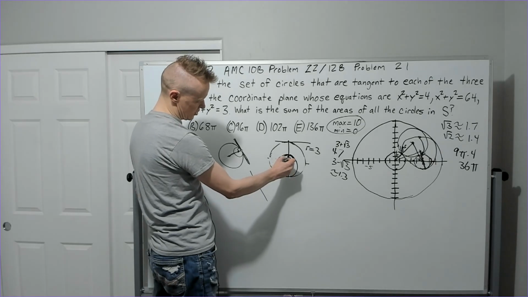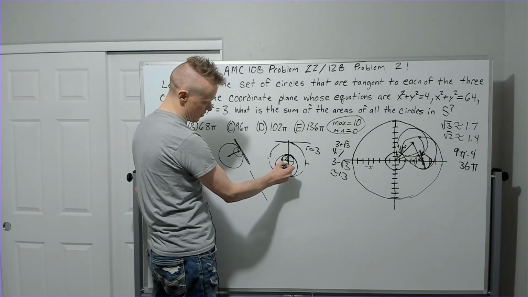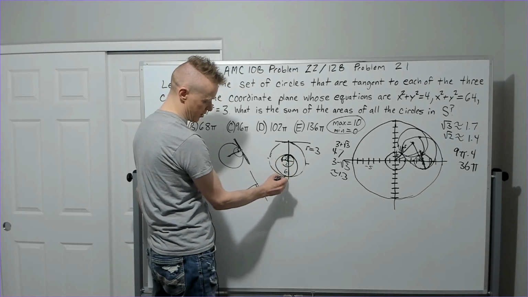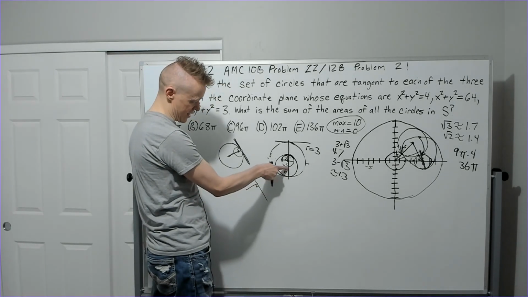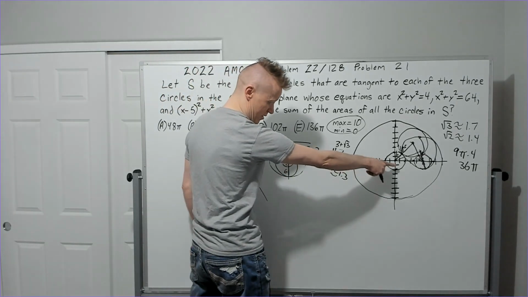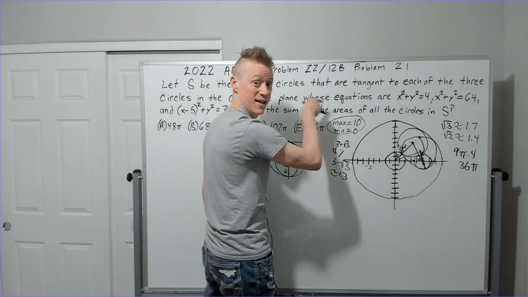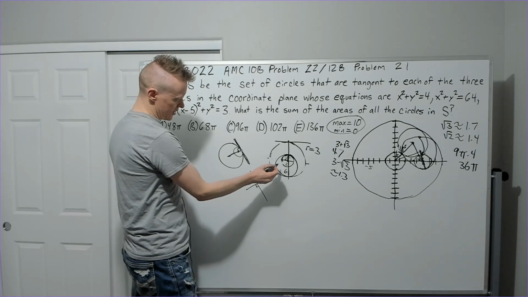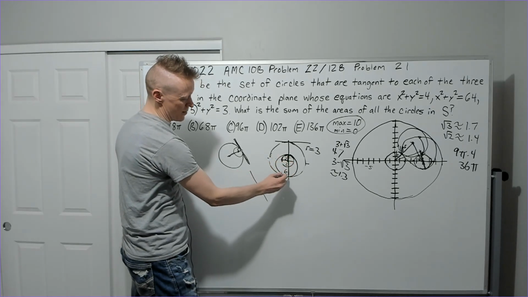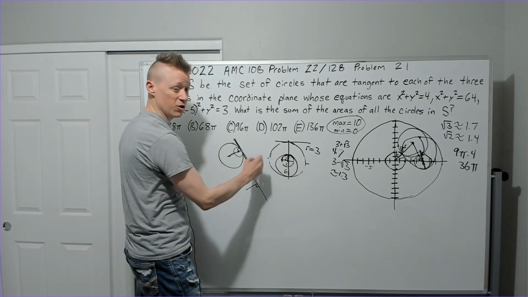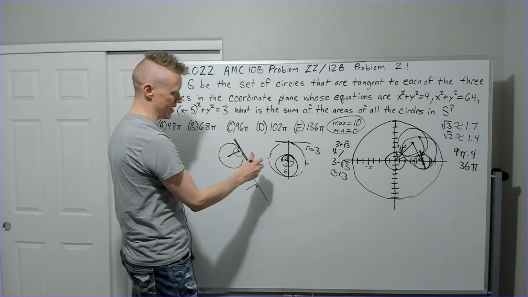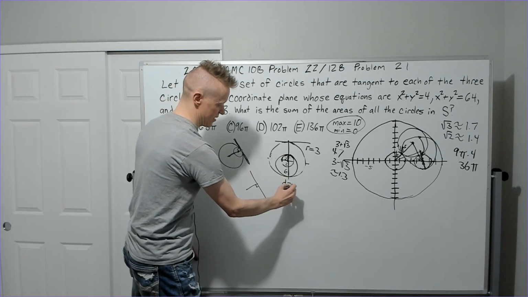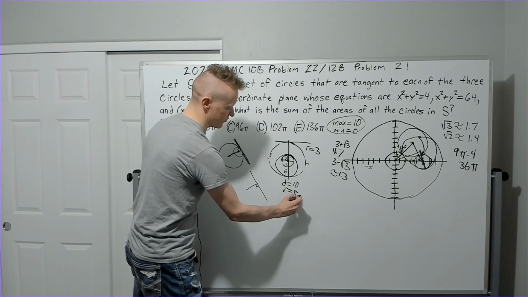You know that this is 2, you know that this is 2, and the whole distance is 8, so this part is 6. Again, from the outer edge of this inner circle all the way out is always a distance of 6 from the origin. So you're going to know then that the diameter of the other circle that we're adding, the circle in the set S, that diameter is 10, which means its radius is 5.